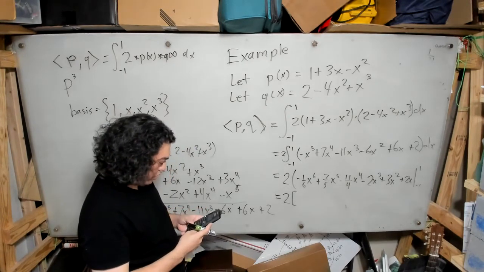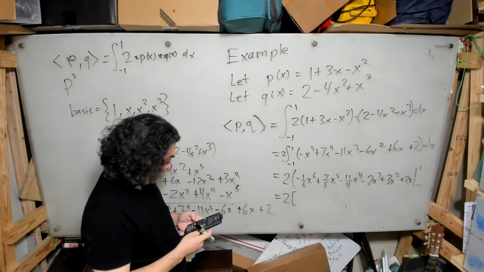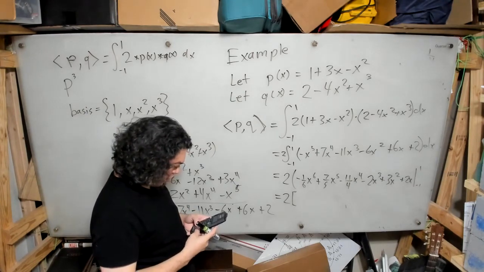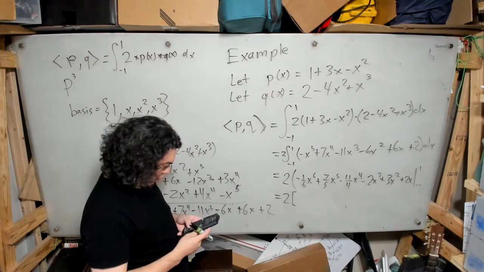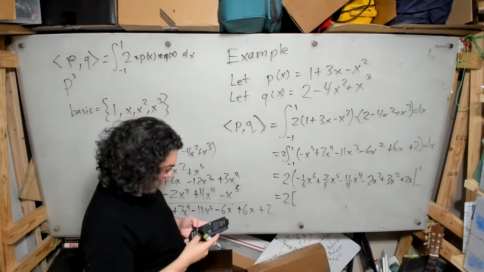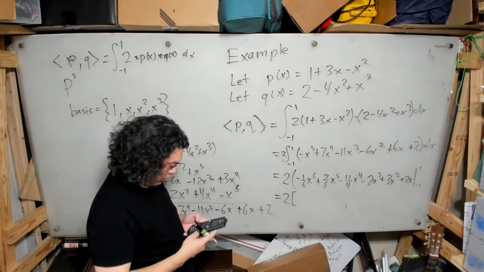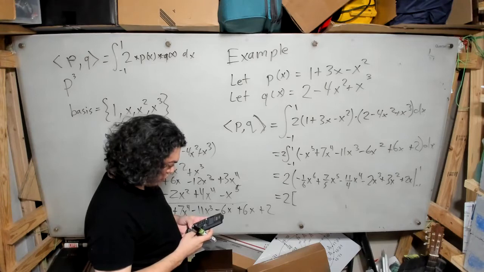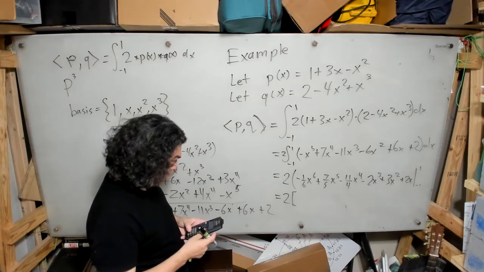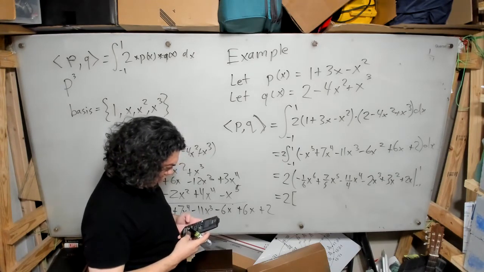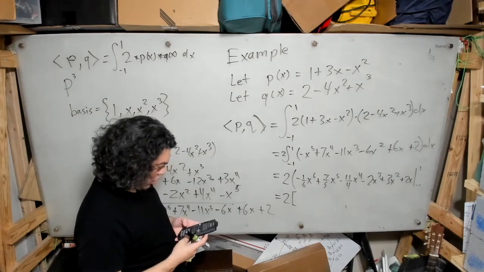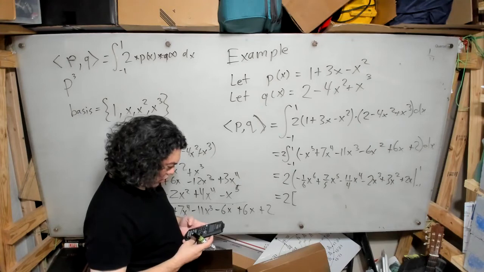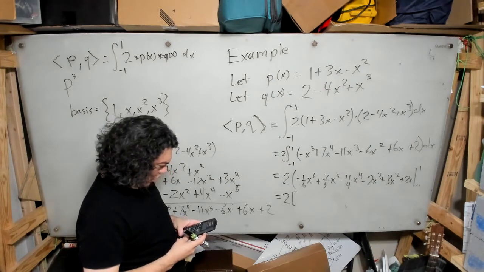Negative 1 over 6 x to the 6th power plus 7 over 5 x to the 5th power minus 11 over 4 x to the 4th power minus 2x cubed plus 3x squared plus 2x, at 1.